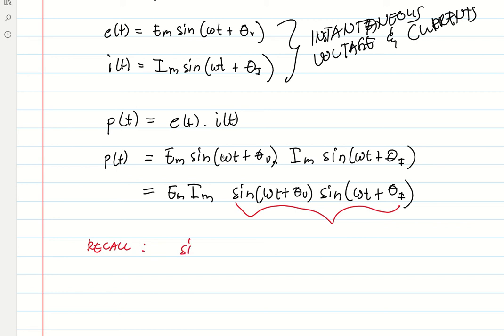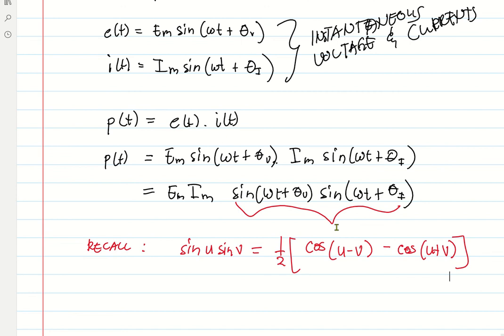If you multiply two sines, let's say sine u and sine v, where u and v are angles, this is just equal to 1/2 of cosine of u minus v, minus cosine of u plus v.